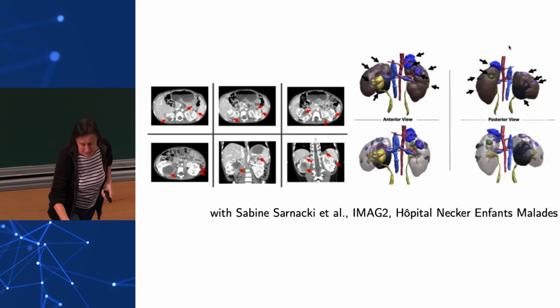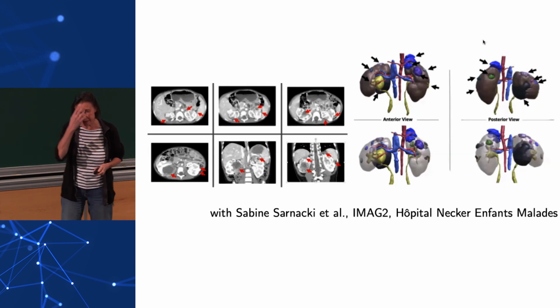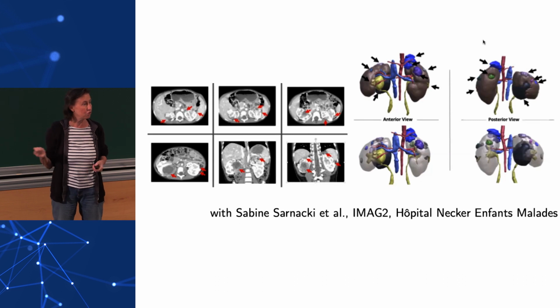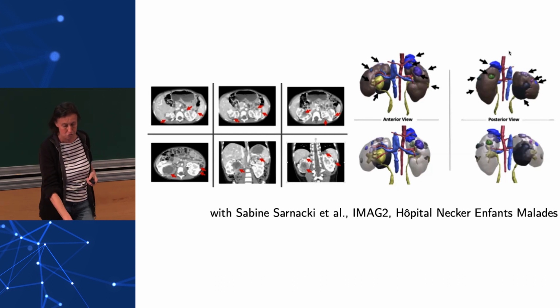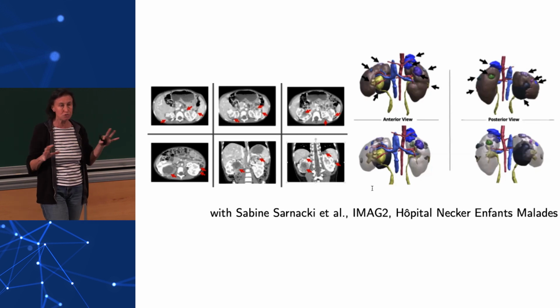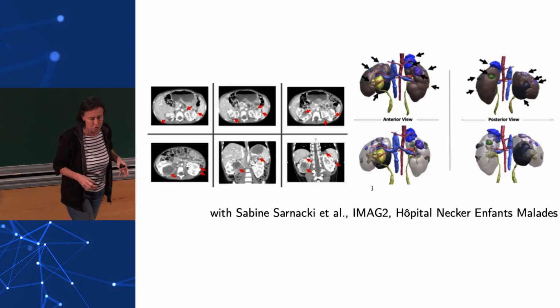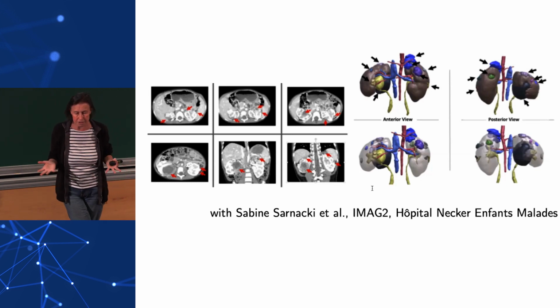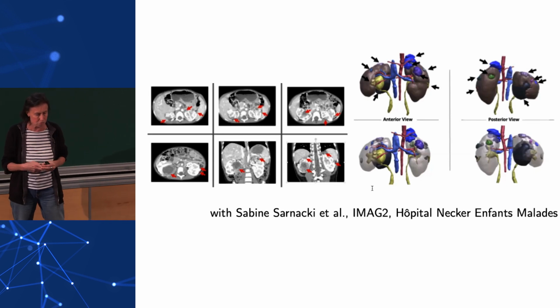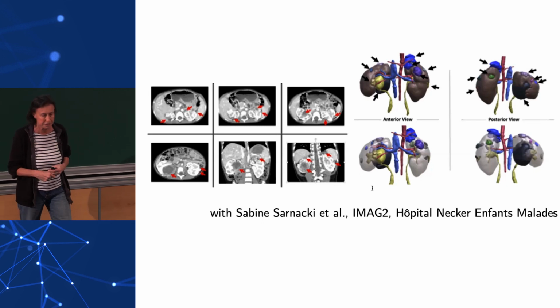And so I like this example very much because it's an example where the surgeon changed the decision of surgery based on these 3D models. So looking at the image, the impression was that there were a lot of tumors, and indeed there were a lot of tumors, and that it would not be possible to save the organs.